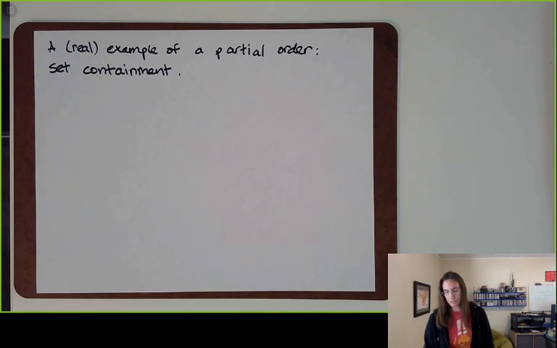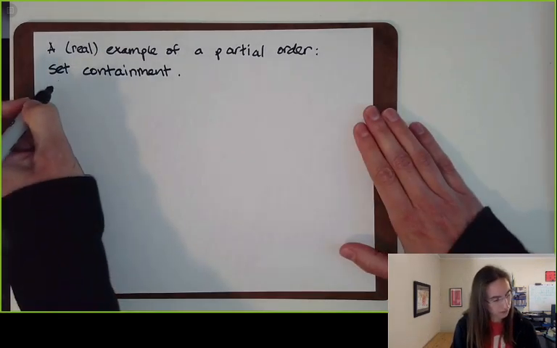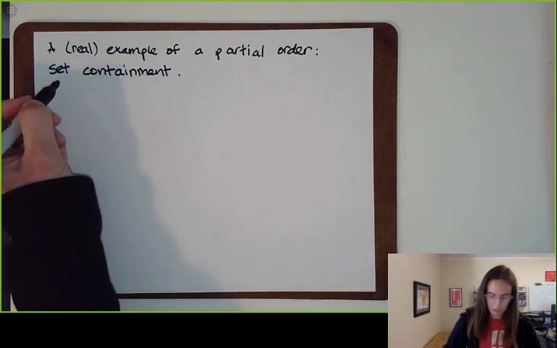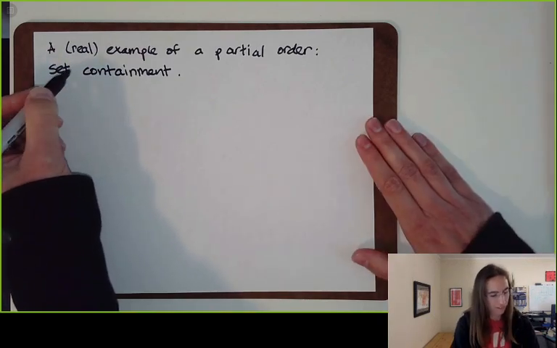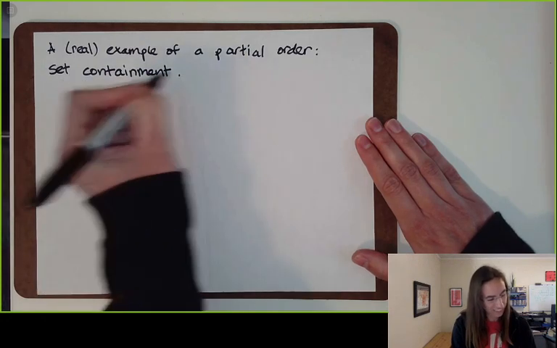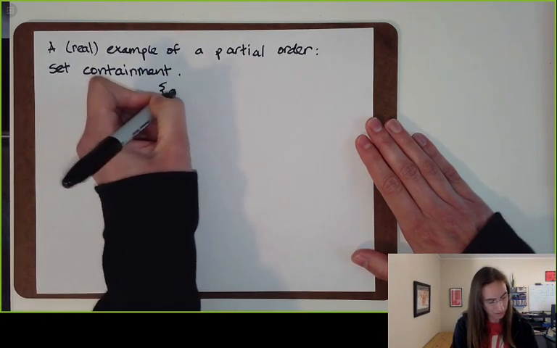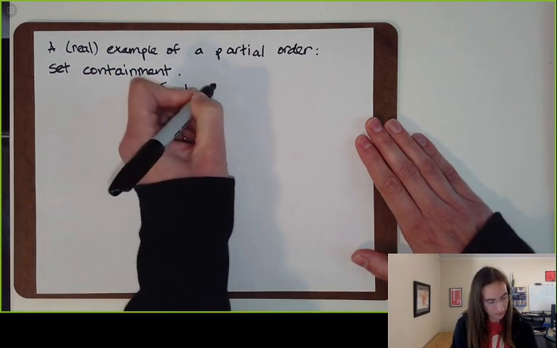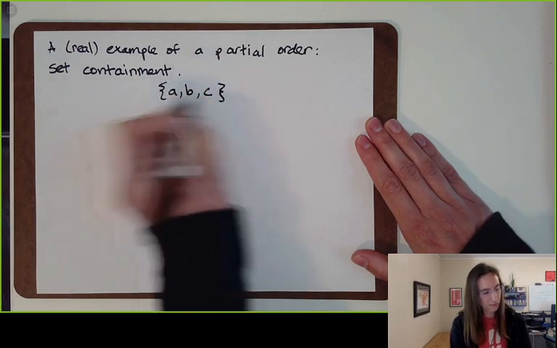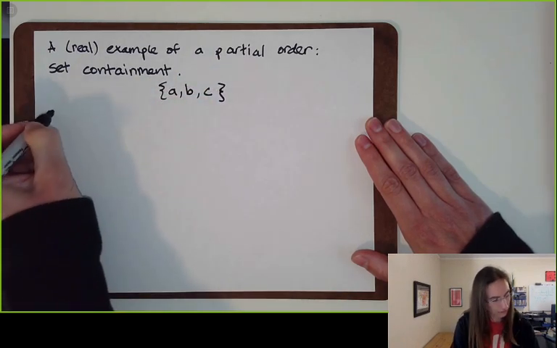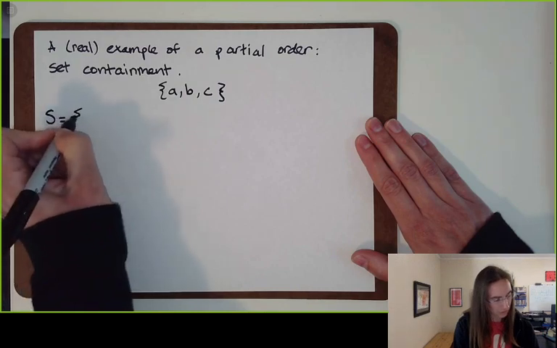In this case, the set S would be the set of all subsets of a set. So let's say that the set that we're talking about is {A, B, C}, like that. Then S would be the set of all subsets of that.